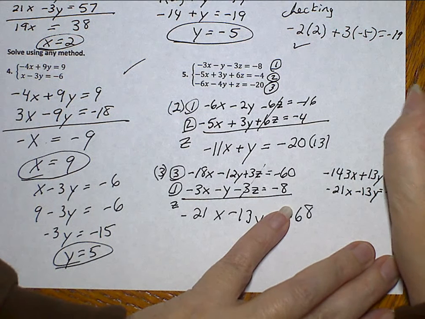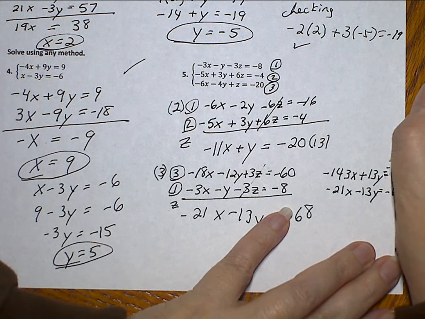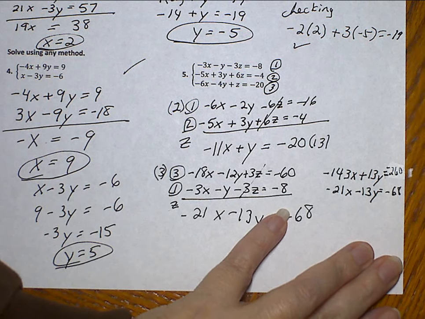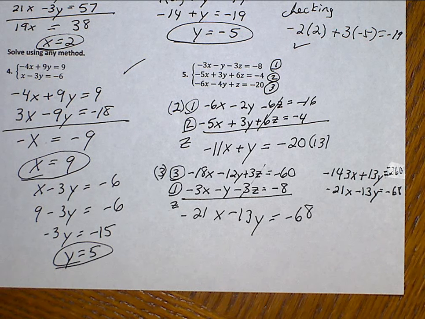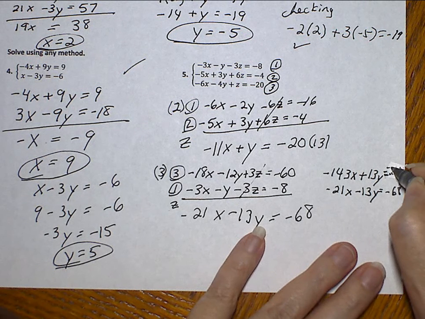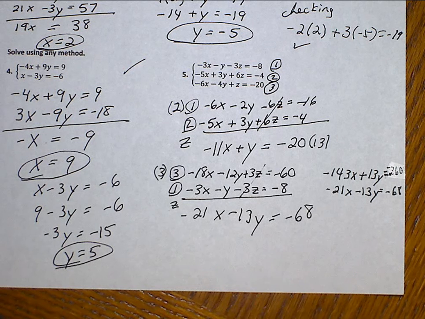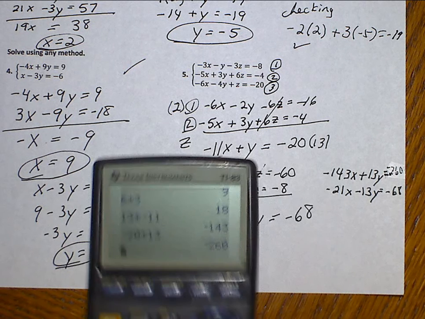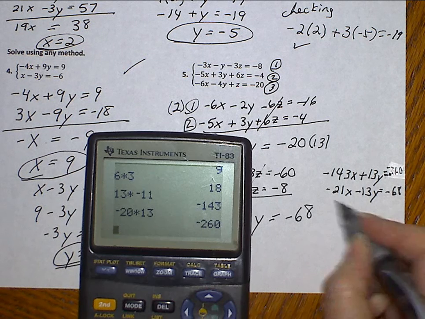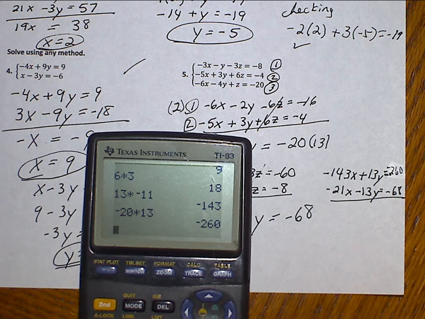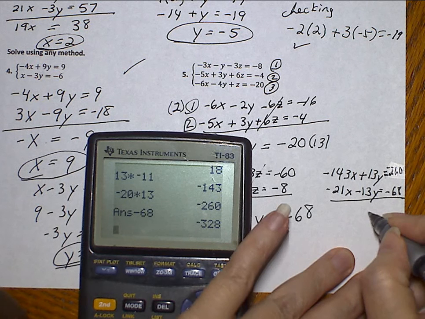Equals a negative 260. Alright, so we have a negative 260 and a negative 68 is a negative 328.